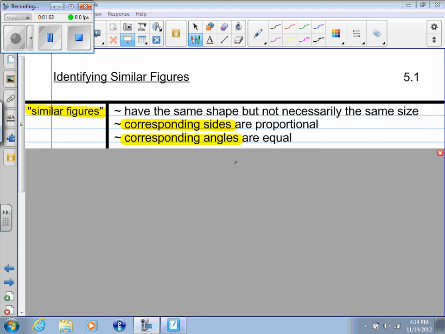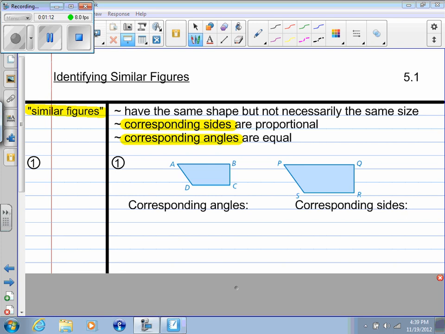Now that we have our vocabulary terms written down, let's look at example 1. The trapezoids are similar.